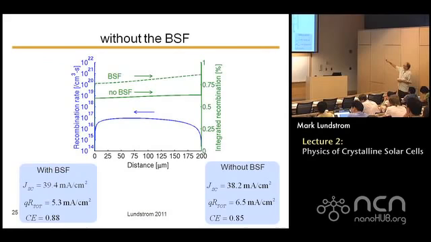There's a step, it looks like maybe about 30% of the carriers are now recombining at the back surface, maybe twice as high a percentage as it was before. So the back surface field is helping, but it hasn't shut off that back surface recombination totally. And you see that the total collection efficiency without the back surface field is 85%. With the back surface field, it's just a little bit higher. It's 88%.